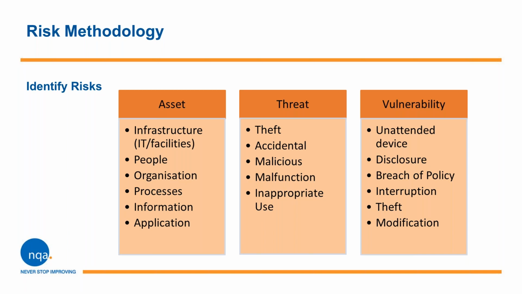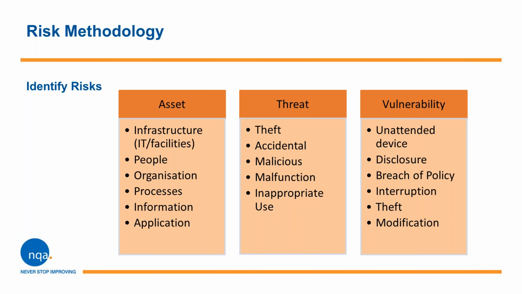But what you need to take into account is a lot of people think assets are just physical items, so a laptop, a PC, but they can be data held in servers, in cloud backups, anything, and you need to ascertain what your information assets are.